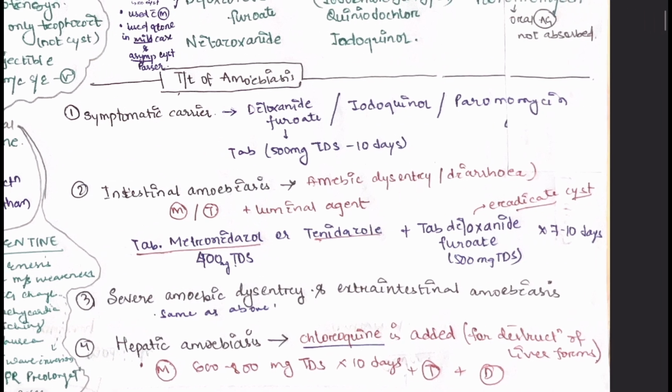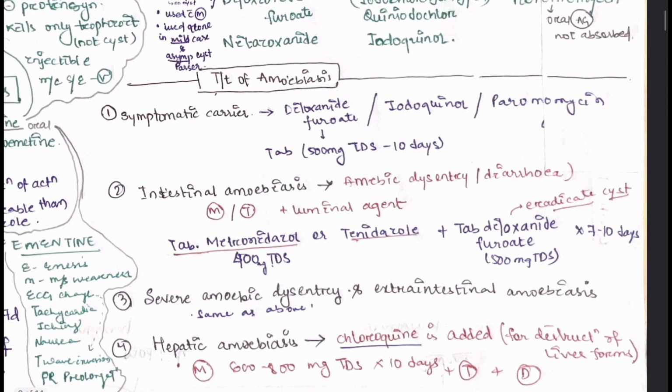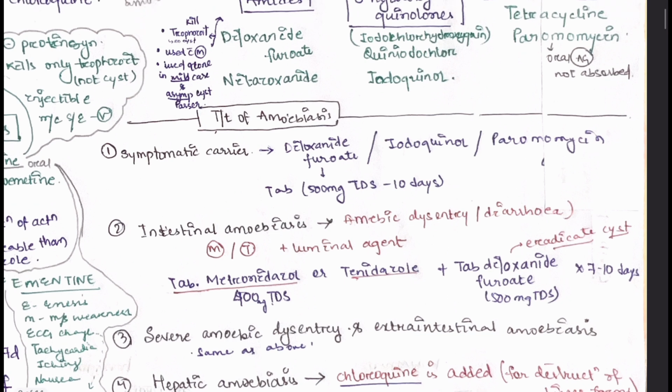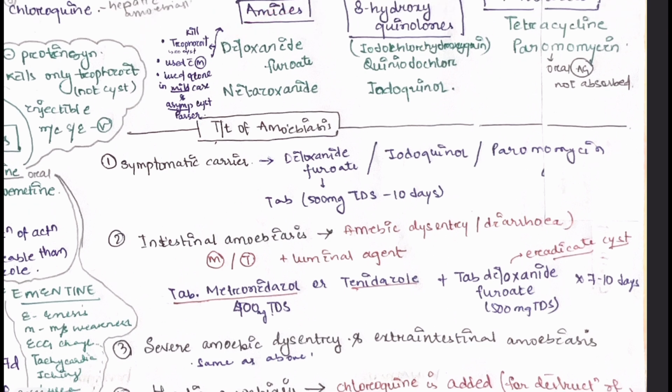Now next, coming to the treatment of amoebiasis. For an asymptomatic carrier, we will be using the amide one. What is that? Diloxanide furoate, that is a tablet, 500 mg TDS for 10 days. Or else we can use iodoquinol and paromomycin.